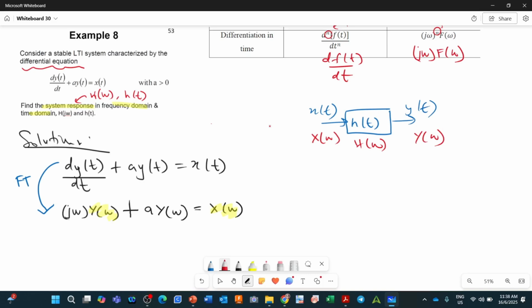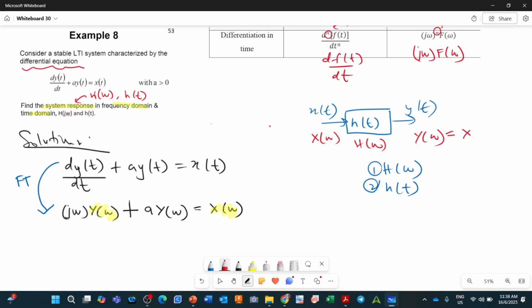The question asks you to find h, right? So in order for us to find h in the time domain, we need to find first H in the frequency domain. So basically the steps are: find H(omega) first, then next is h(t). So for H(omega), the equation can be written as x times h, right?